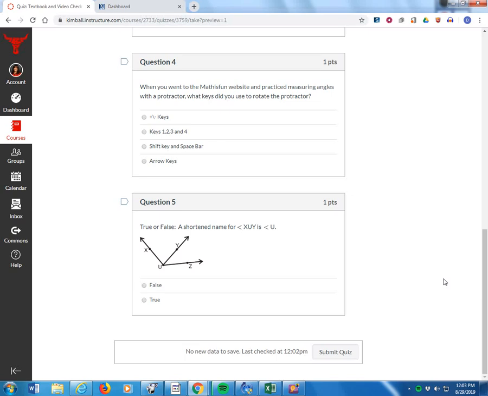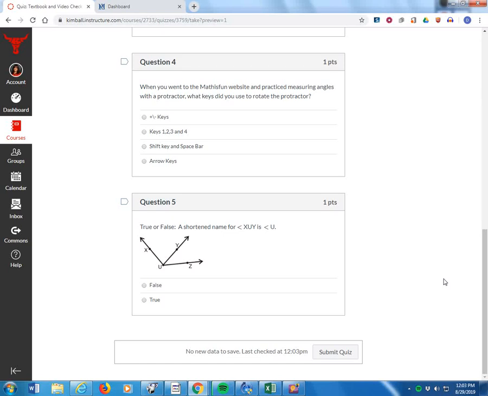I don't know, I can check. It's arrows, like arrows. Arrows, okay?